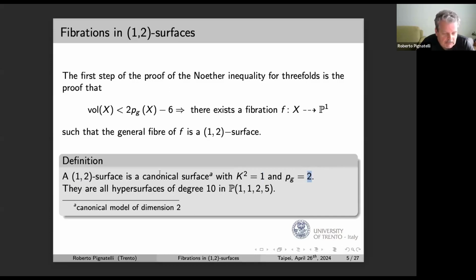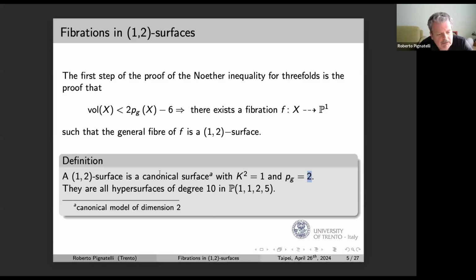So since the whole game is about volumes and genus, a 1-2 surface is just a surface with volume 1 and genus 2. And well, the general fiber, if I want the surface to be the canonical model of a surface with volume 1 and genus 2, these surfaces are very well known, or very well studied already from Kodaira or Horikawa. They are the first famous exception that Bombieri had to use in his famous theorem on the birationality of the n-canonical maps.